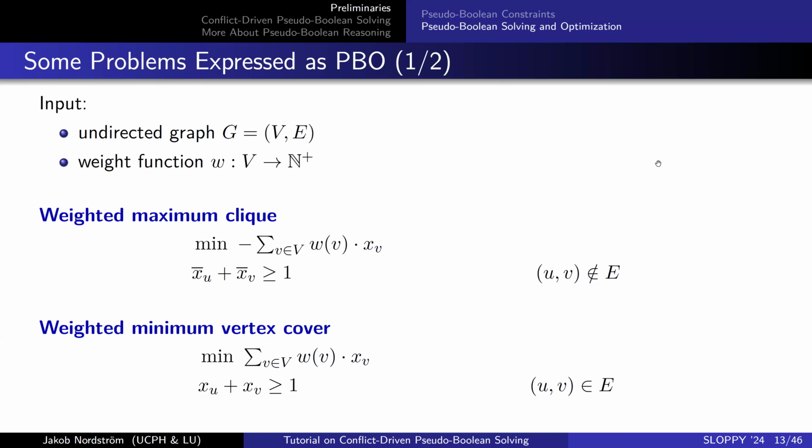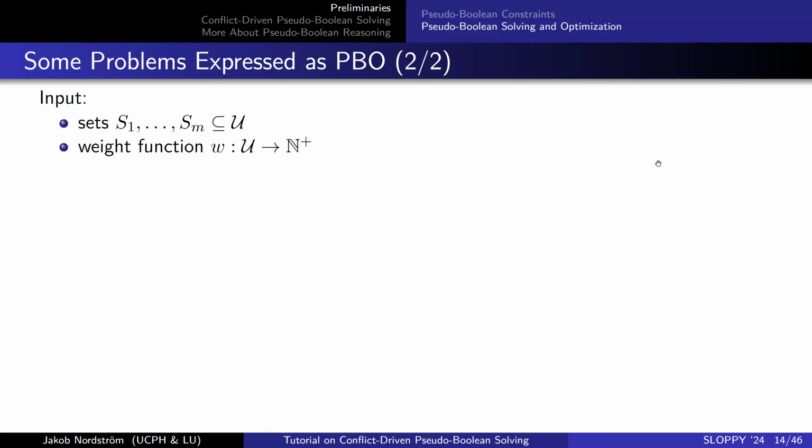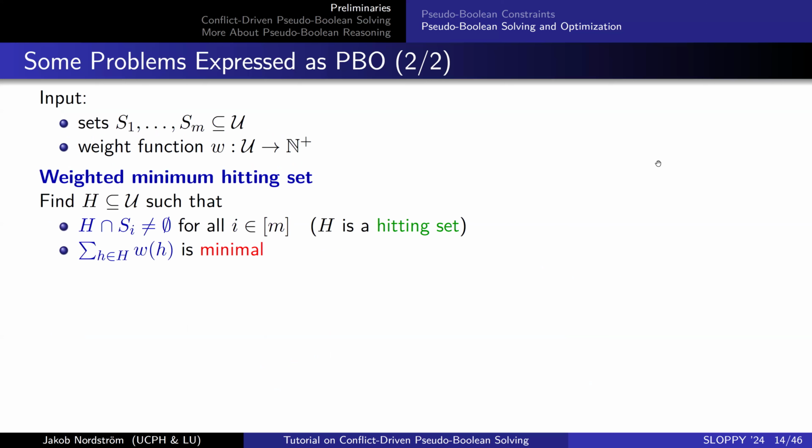Or if you want a vertex cover, you minimize the weight of the chosen vertices, where a vertex cover means that for every edge, I have to pick at least one of the vertices incident to that edge. Another problem that we're going to talk more about after lunch is, suppose I have a collection of sets over some universe, and again we have some weight function on all elements in the universe.